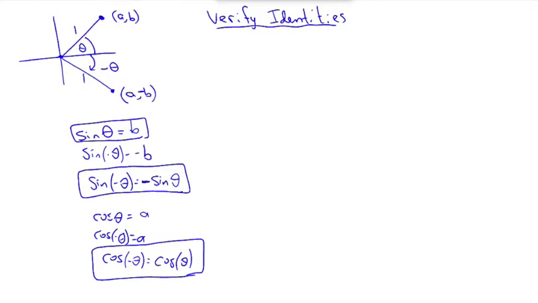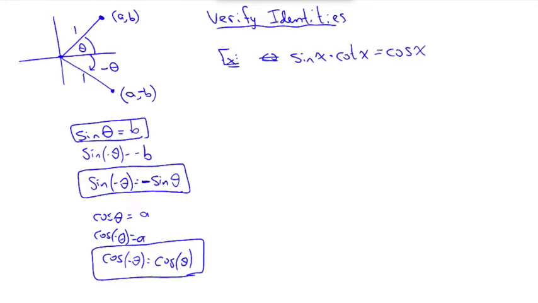For instance, if I want to verify sine of x times cotangent of x is equal to cosine of x, the answer is right in front of me. In other words, how do I make the left-hand side look like cosine of x? If I can get the left-hand side to look like cosine of x, I'm done.